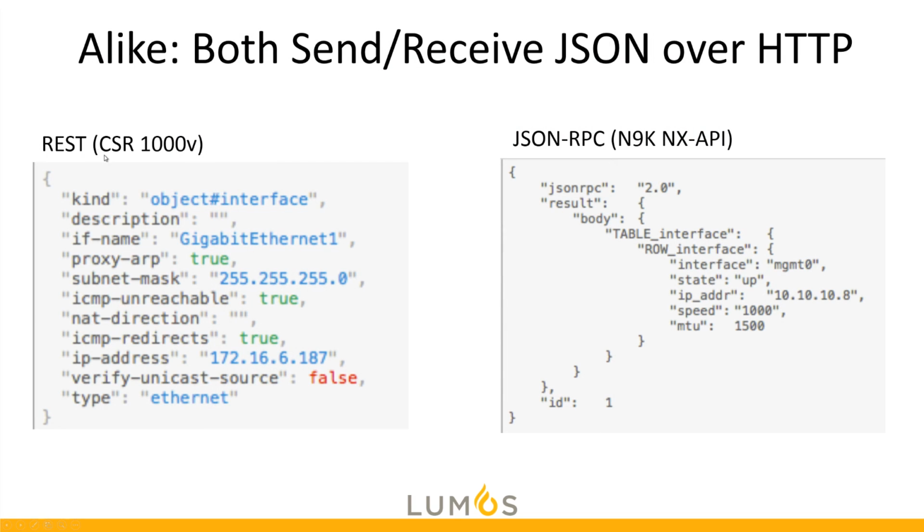For instance, the Cisco CSR Cloud Services Router 1000V, which runs IOS XE, this is REST. We have a key and a value, key and a value, key and a value.